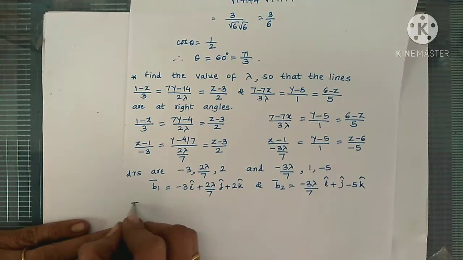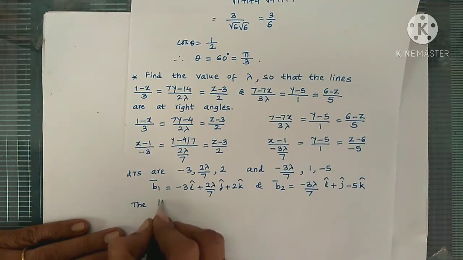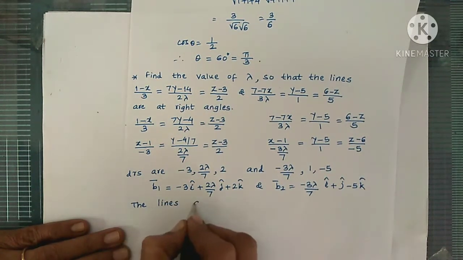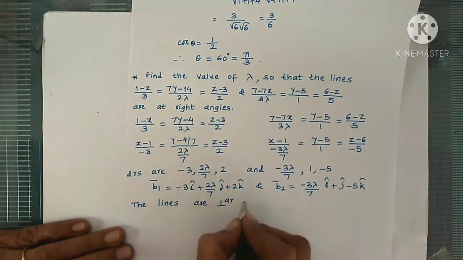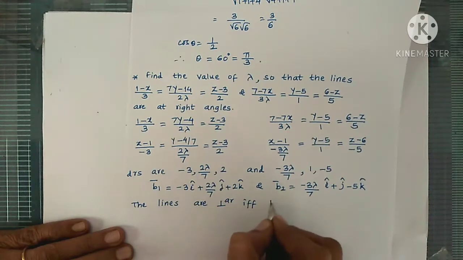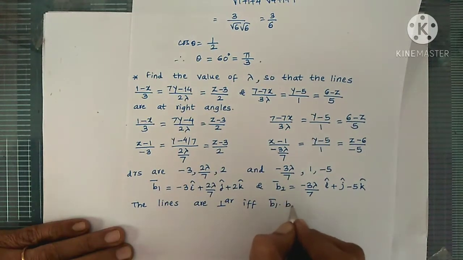Now the lines are perpendicular if and only if the dot product of b1 bar and b2 bar is 0.